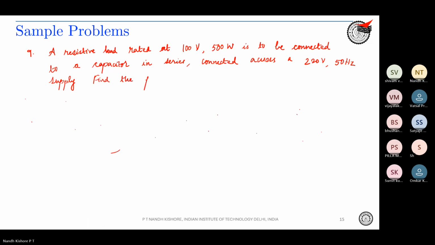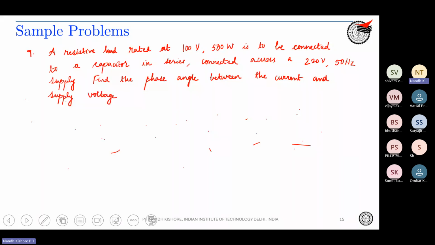Find the phase angle between the current and supply voltage.